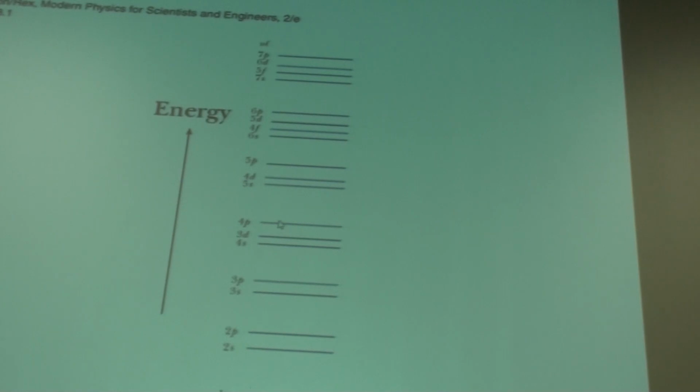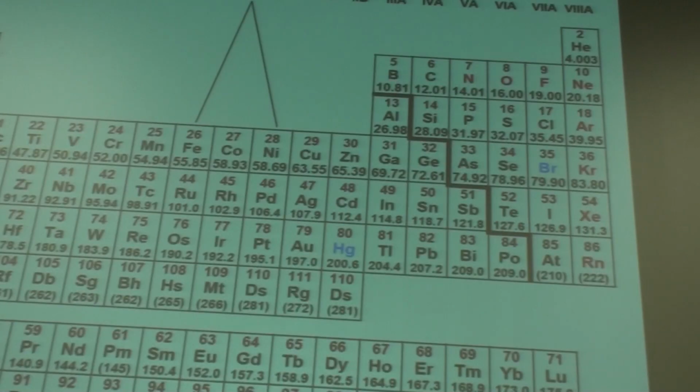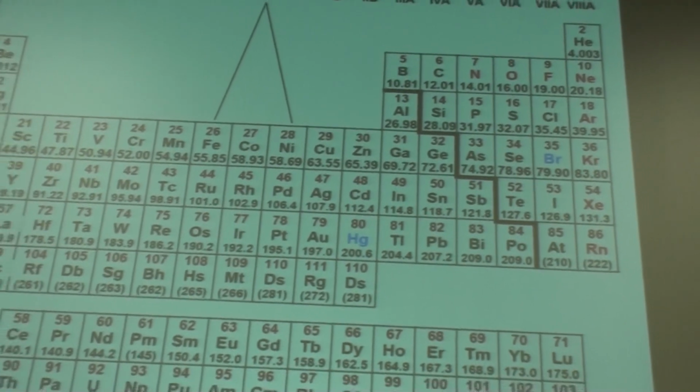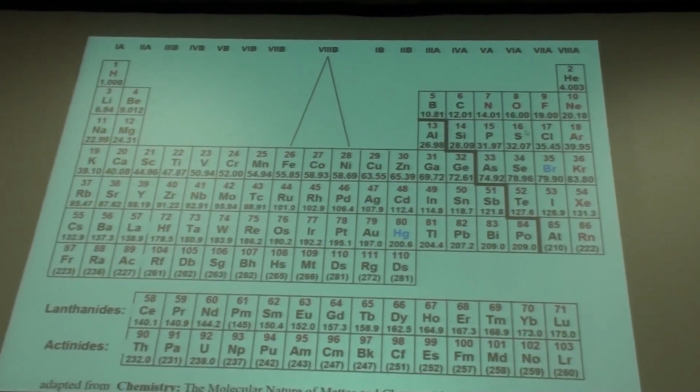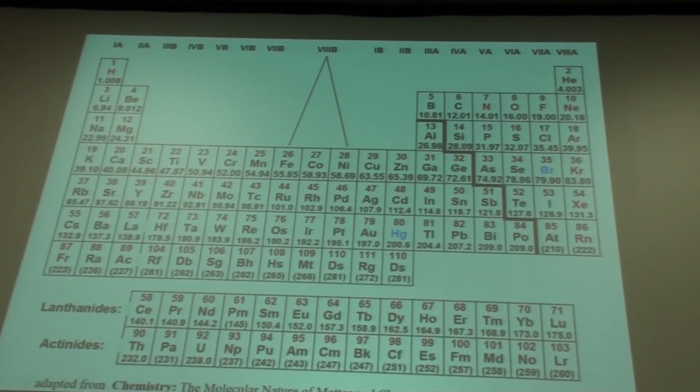Then we go to 4p, but then 5s before we get to 4d, and then we have 5p, 6s, and so things start getting a little bit more complicated as we get to higher and higher energy states. But if we go back to the periodic table, we see here, this is 3s, this is 3p, so everything's going fine.